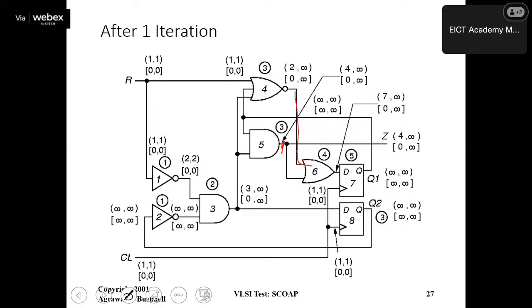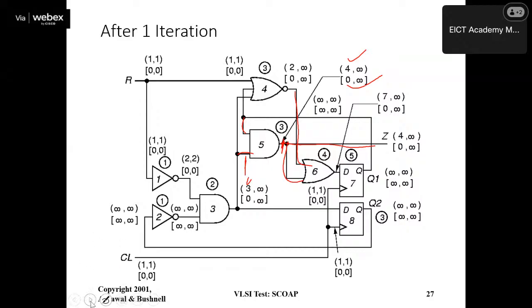There is one coming from here, and this is coming back from the output, so that is infinity. So we are surviving on this only. So we can calculate whatever we can for minima. So we can calculate CC0. CC0 will be CC0 of this plus 1. That is 4 comma infinity and 0 comma infinity. So whatever we have at the output is there at this input also, right?